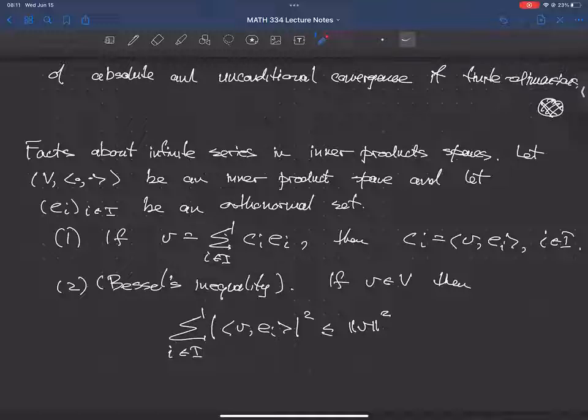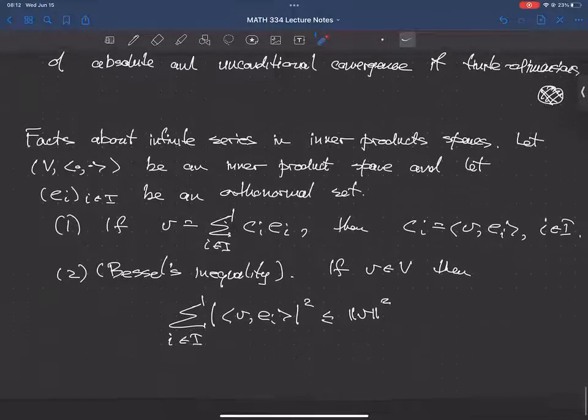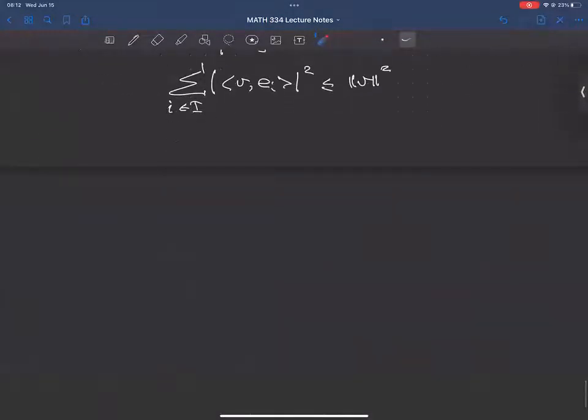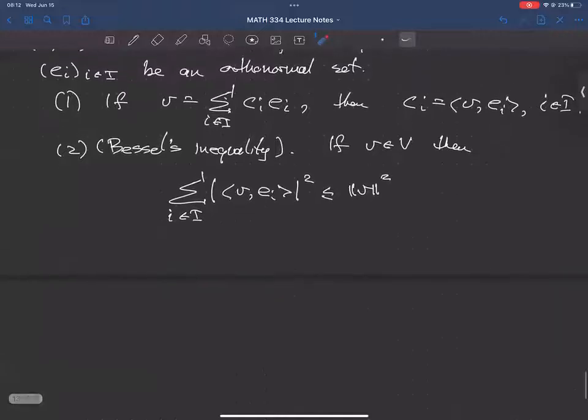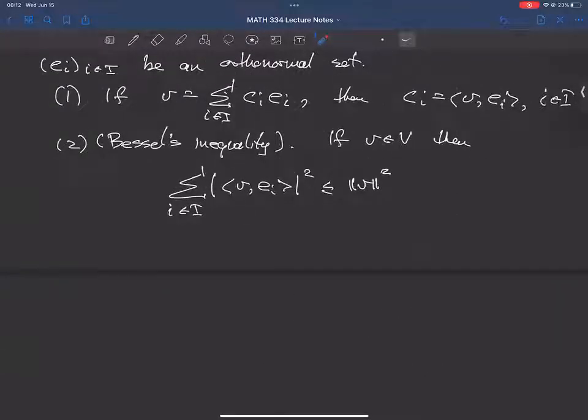It doesn't have to be maximal or total or basic. This holds. So this is Bessel's inequality. Now, using these things, we can prove some relationships. We're not going to prove this, but if we were to write all this stuff out, you can use these facts to prove the following result.